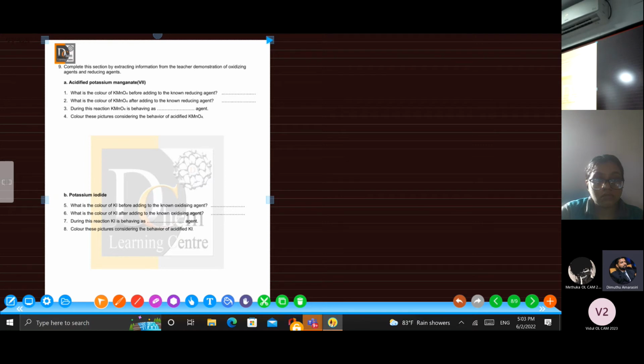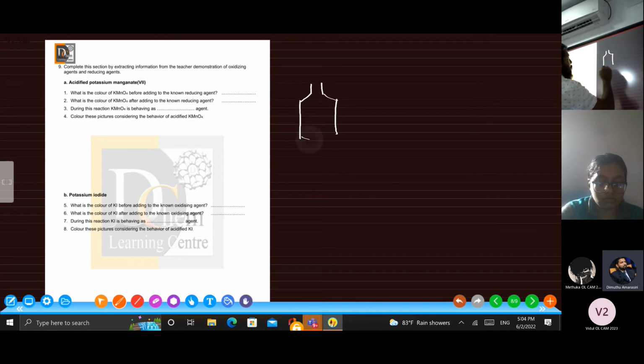Right, now we are going to see common reducing agents, a common oxidizing agent and a reducing agent in the laboratory. Suppose we don't know whether a particular substance is an oxidizing agent or a reducing agent. For example, let's say people have used some kind of preservative in a food known to be a reducing agent.